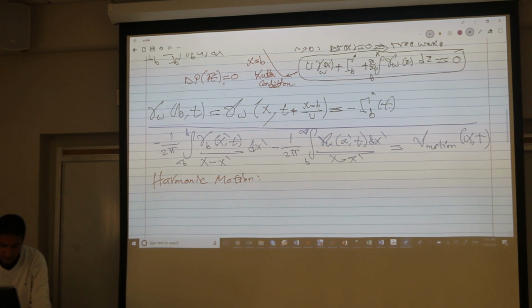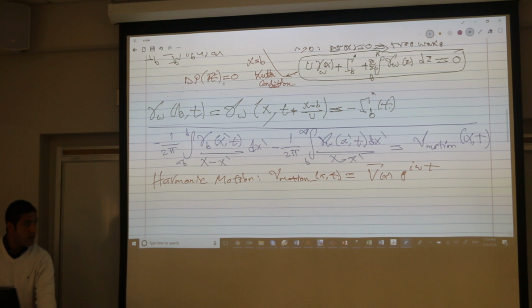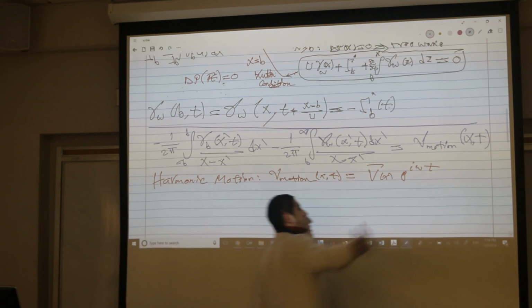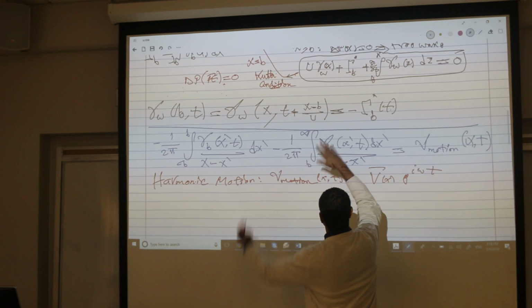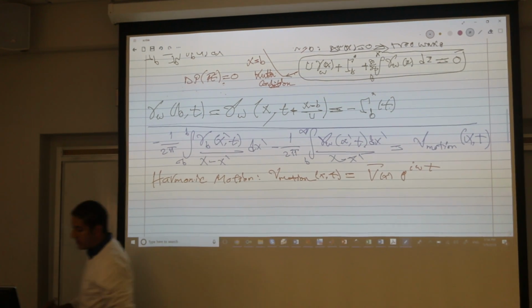Now the guy said harmonic motion from the get-go. So harmonic motion, your input, which is a function of x and t, is some complex number, maybe v bar of x, e^(i omega t). Okay? Because the equation is linear, anything on the left hand side will also be e^(i omega t).